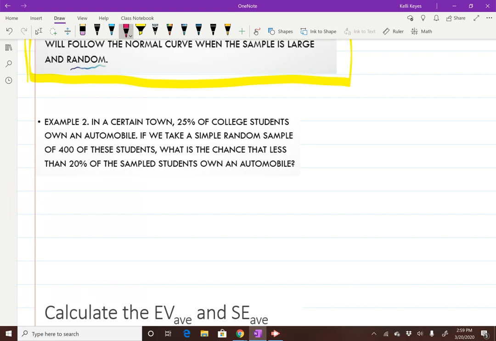So in order to find that, we need to first define what is the EV percent and what is the SE percent, okay? So EV percent, like I said, never miss this, is just the percent of the population or percent of ones in the box model. And that's exactly what they define right here.